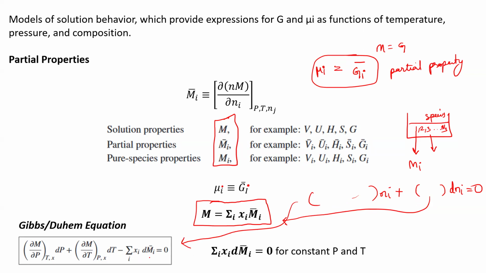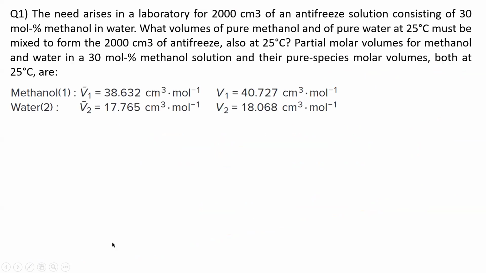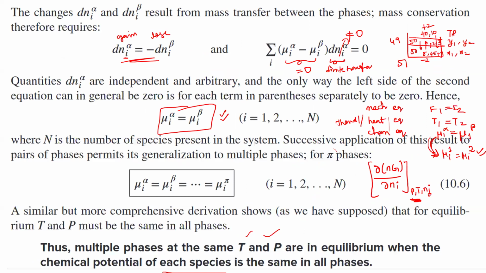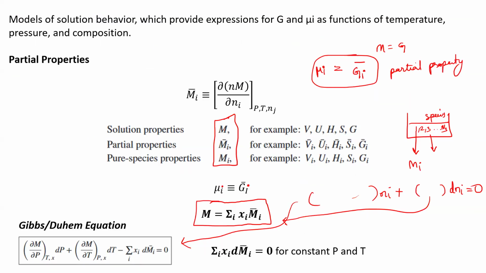And for constant P and T, this dP is going to 0 and dT is going to 0. So that's why this term is equivalent to 0.